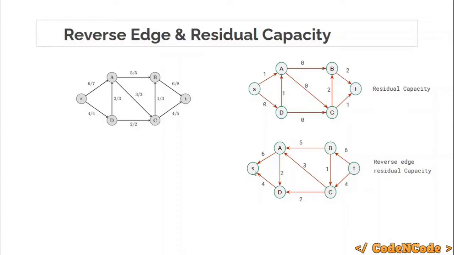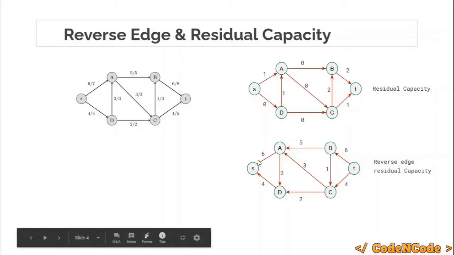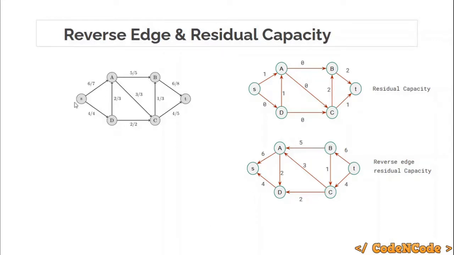It represents the reversal of your decision. Basically, you decided to send a flow of 6 from S to A. Now this represents that you can send a reverse flow from A to S, which would remove or reduce the flow from S to A. Assume you are sending 6 units of water or gas from S to A, and then you have a choice to reduce the amount that you are sending by up to 6.